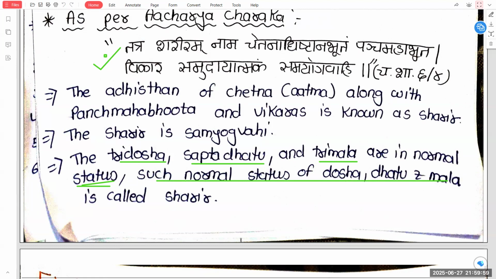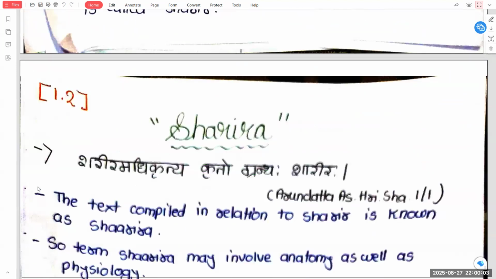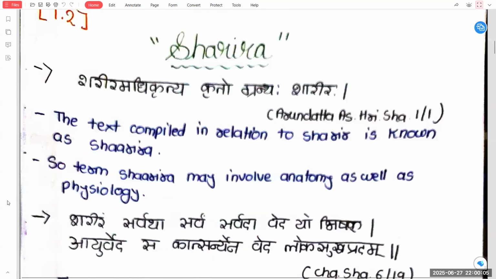Moving on to the second topic, which is about the Sharir. So what is Sharir? We have seen the Sharir till now. Now we are going to see Sharir. Shariram adhikrutya kruto grantha shariram. Now in some texts you will find tantra instead of the word grantha.